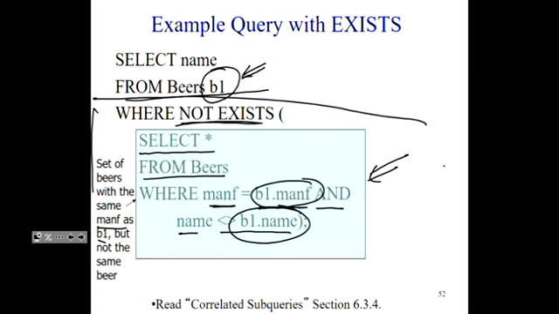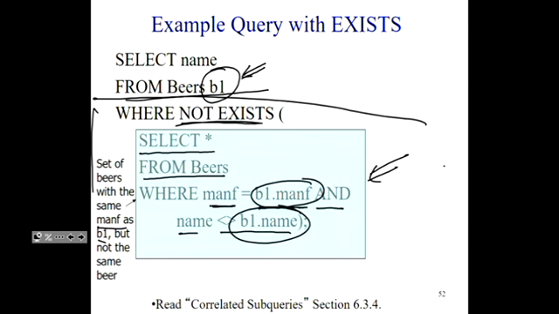All right, so basically I start with a set of beers indexed by the tuple variable B1, and then I take this tuple variable B1 and implicitly run another query to check whether there are any other beers by the same manufacturer that don't have the same name, right?